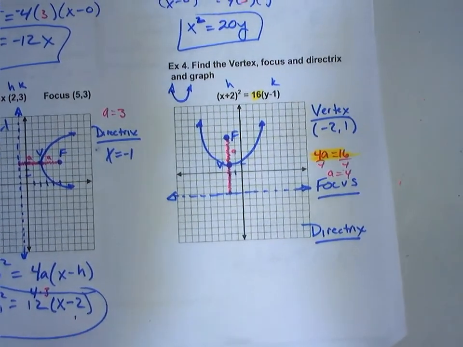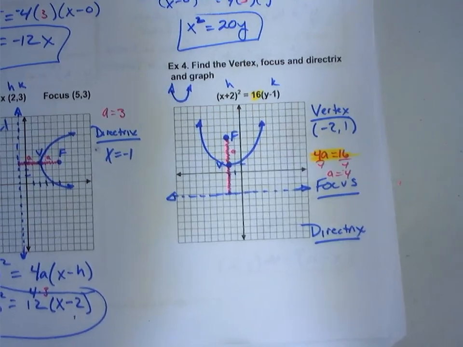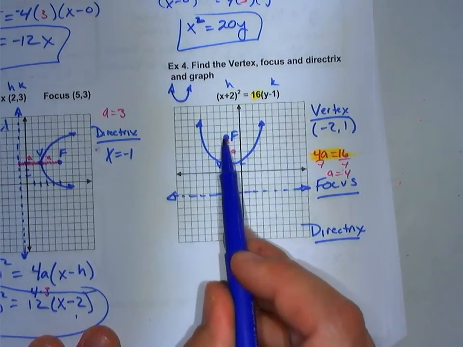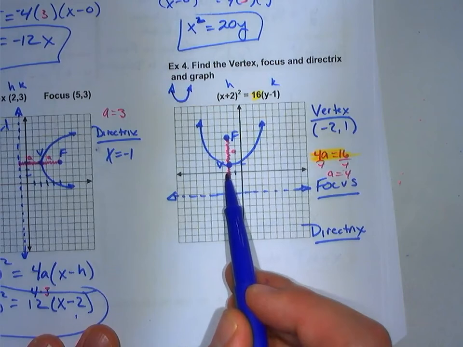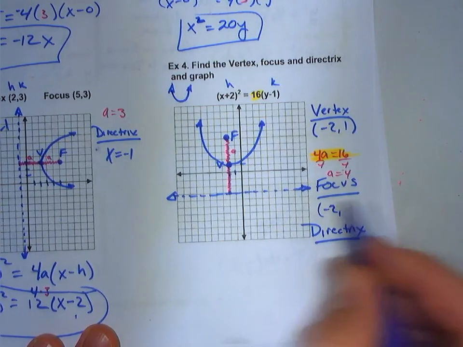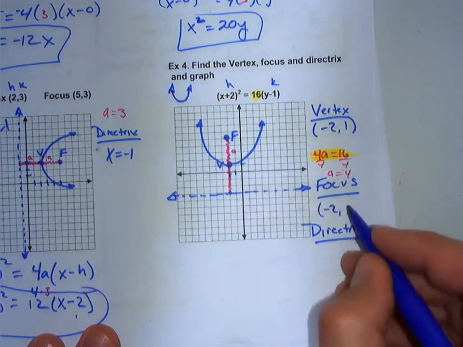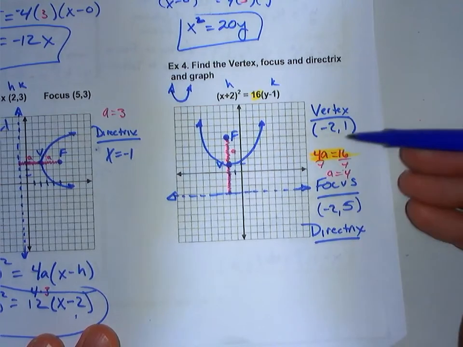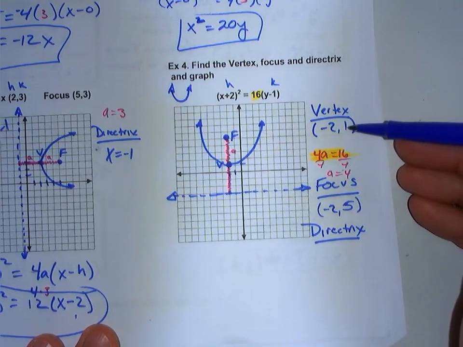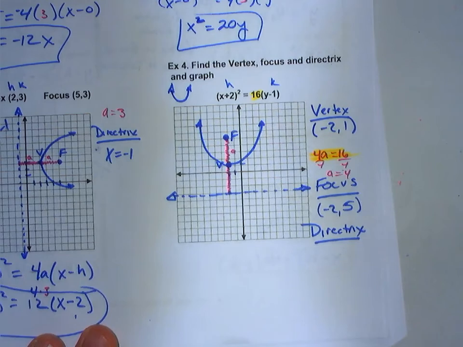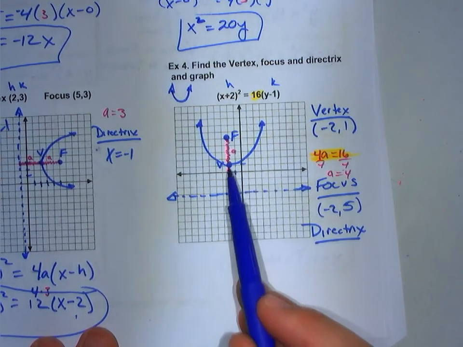And now I have this thing graphed. Quiz or test, you have to come up with the focus and the directrix. So I've got to figure out what's this coordinate point. That's over 2, so -2, and up how many? Up 5. And if you think about it, my a value was 4. 1 plus 4 is 5, so it makes sense, right? All right, here's my vertex.